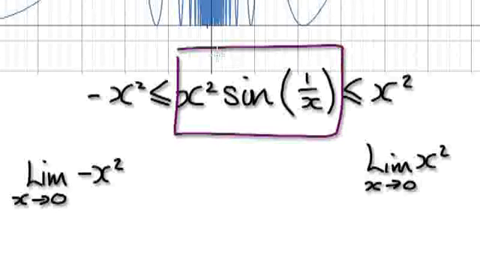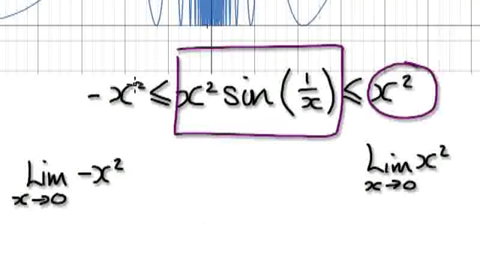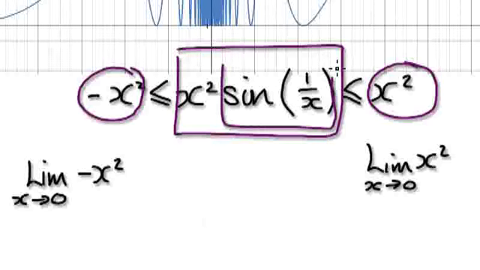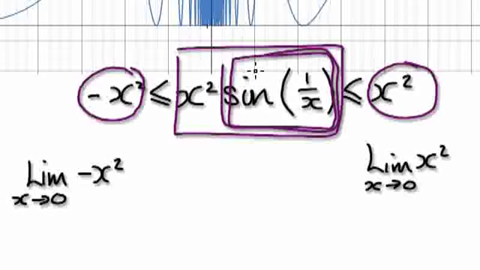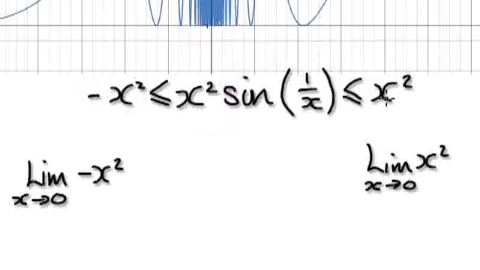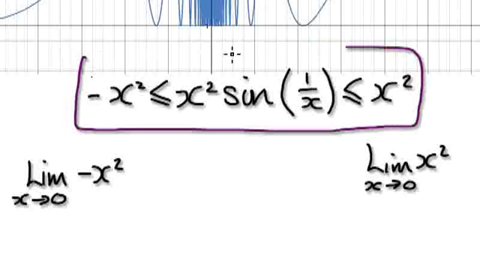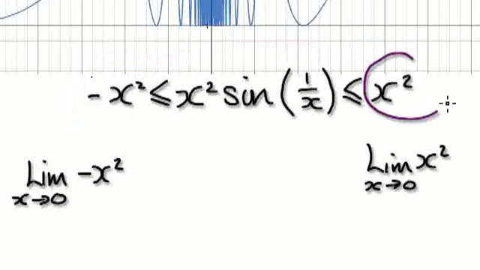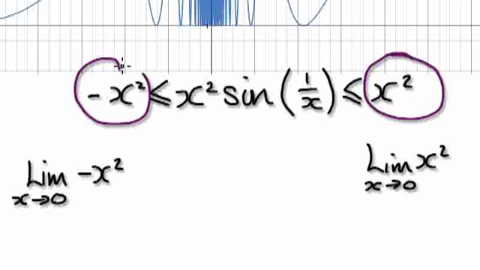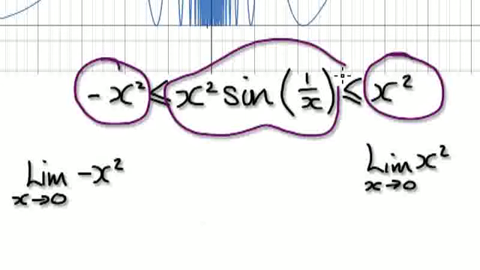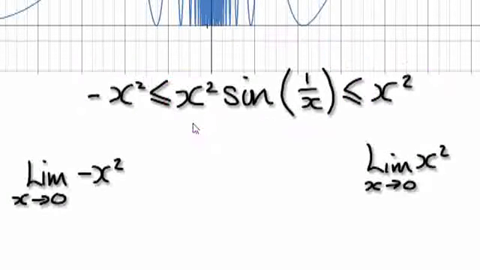Our function here, we know that it's always less than or equal to x squared, and we know that it must be greater or equal to minus x squared. The reason we know that is because this always oscillates in between 1 and negative 1. So we know that this here is true. Now, if the limit of this is 0 and the limit of this is 0, then this here is being forced, so the limit of this will also be 0. Okay?